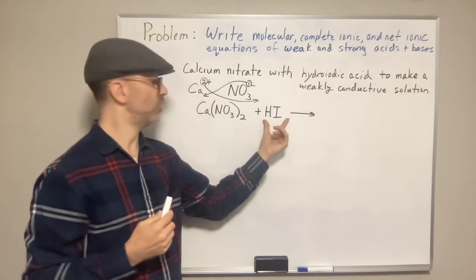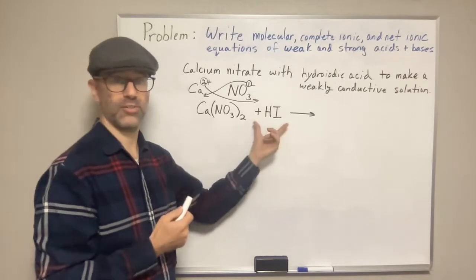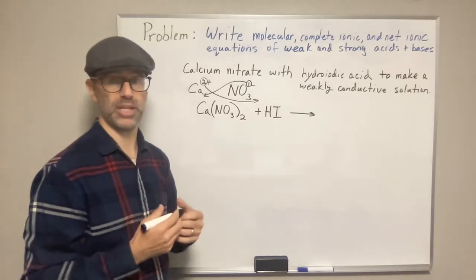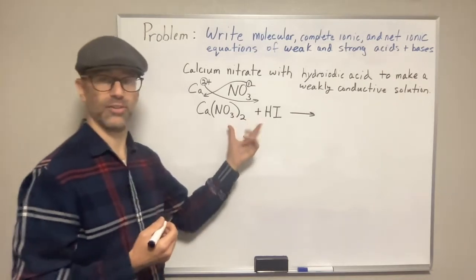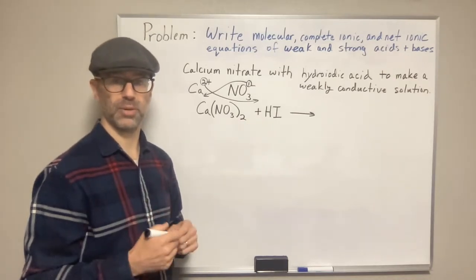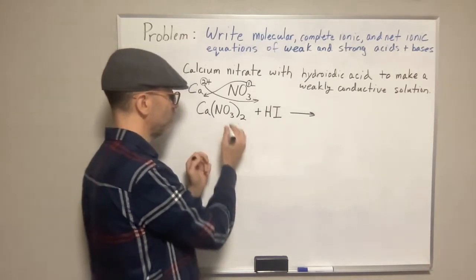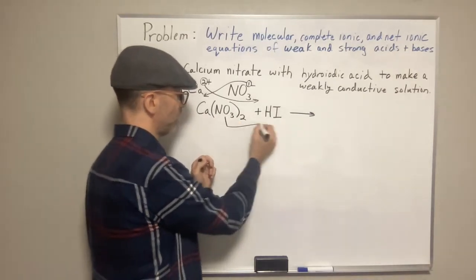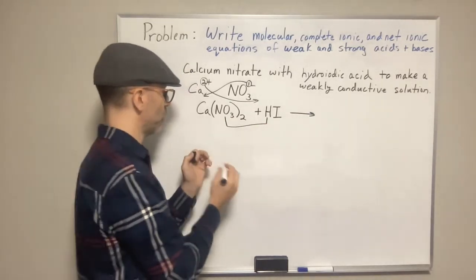So when you figure out your products here, you could treat this as a double displacement or double replacement reaction. So how do you figure out the products of a double replacement reaction? Well, you have the 2 ions on the inside go together. So your nitrate and your H plus are going to go together.